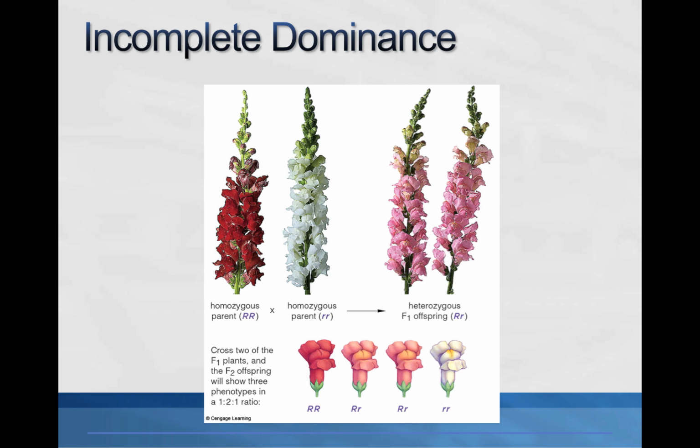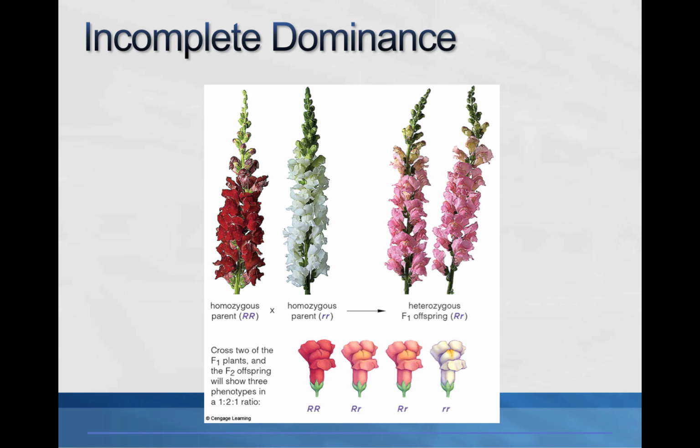The lowercase r, or recessive r, is expressive of no color. That's why it looks white. And if the heterozygous plant has the lowercase r, which doesn't express anything, and the uppercase R is not completely dominant, you thus get a lowered red color.